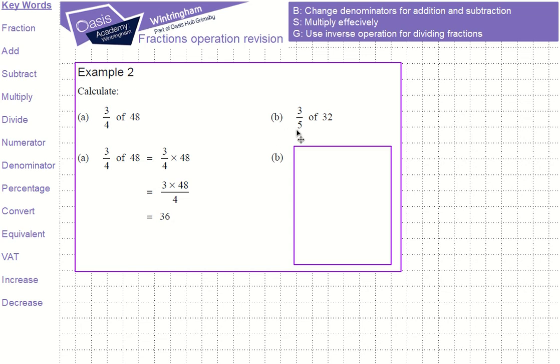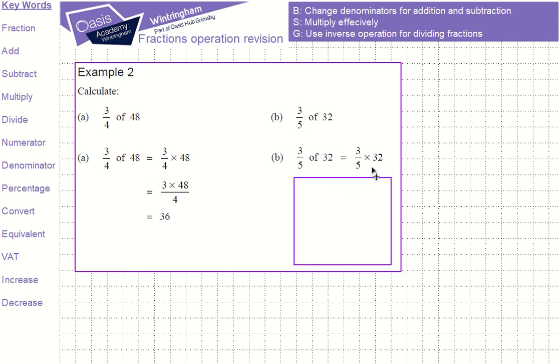Okay, next example, write it down on your bit of paper or your tablet. We're asked to calculate again 3/5 of 32. Exactly the same as the last question. Where they've got "of", it's been changed for a multiply.